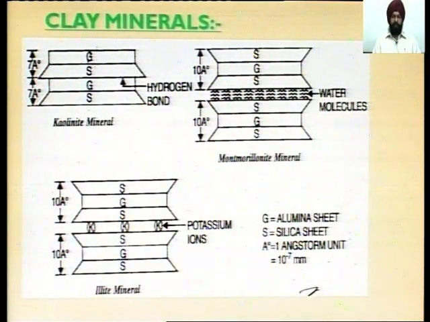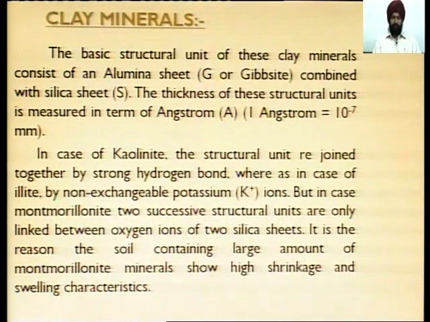In the first figure, kaolinite minerals, these are the alumina and silica sheets. Total bond in between two sheets, that is the 7 angstrom, and between the two plates, the bond formation in between these two segments, that is the hydrogen bond in the kaolinite minerals.